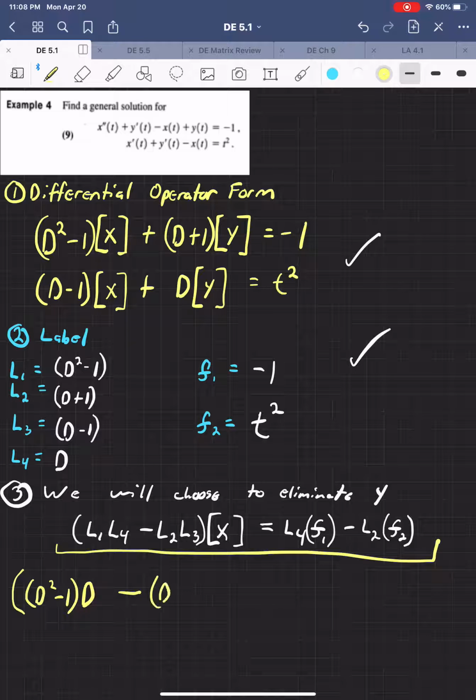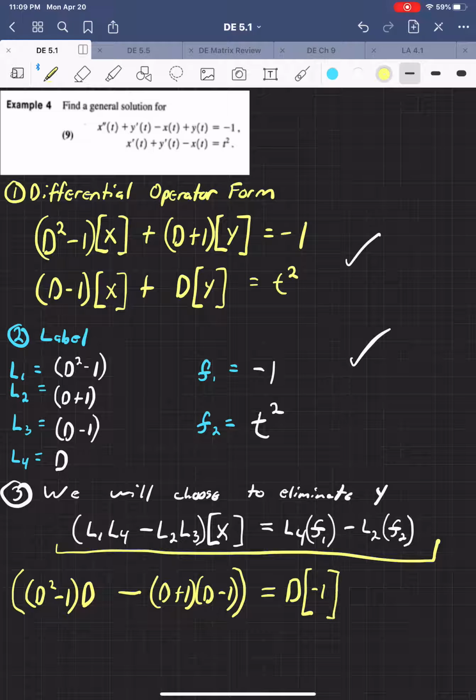Then we have d plus 1, d minus 1. You're welcome to put x if you'd like, but you'll see where I'm going with this in just a second. Now L sub 4 would be d. That would be negative 1, minus d plus 1 of t squared.